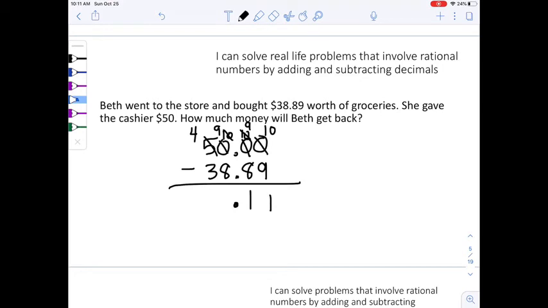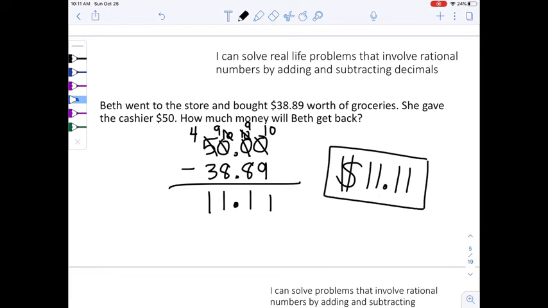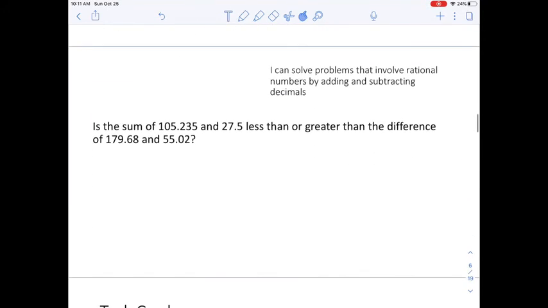Which changes this last one to a 10. 10 minus 9 is 1. 9 minus 8 is 1. 9 minus 8 is 1. 4 minus 3 is 1. Making sure that I have my decimal in the correct spot. So if she started with $50 and she bought $38.89 worth of groceries, she is going to get back $11.11.